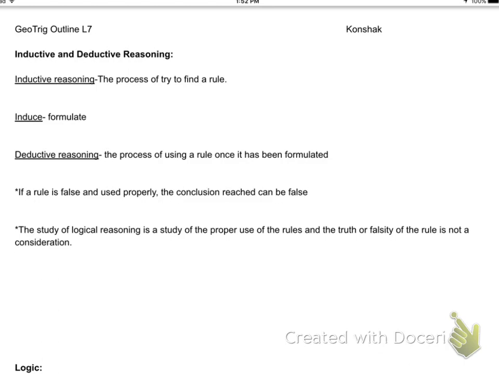Now this is where things get a little interesting, I'm going to say. Because we're going to get away from numbers and letters, and we're going to go into more of the argument side, more of, I guess, philosophy in a way. And it does take a little bit of reading it a couple times to understand it.